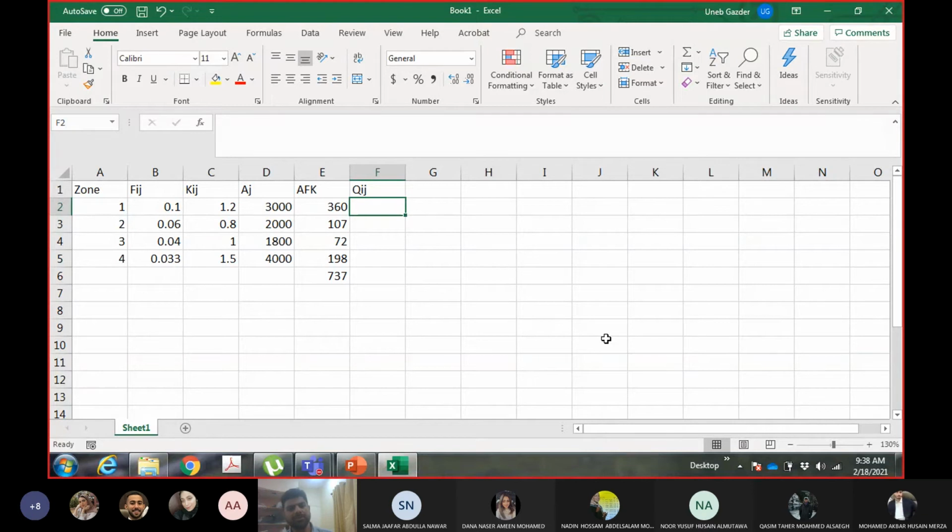P is 1500 and 737 is the denominator, and just multiply with this factor. For example, for the first zone: 1500 multiplied by 360, divided by 737.